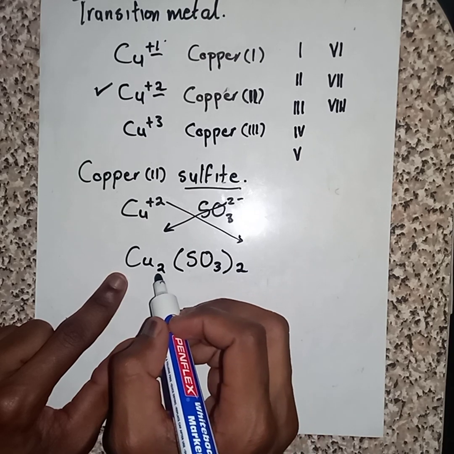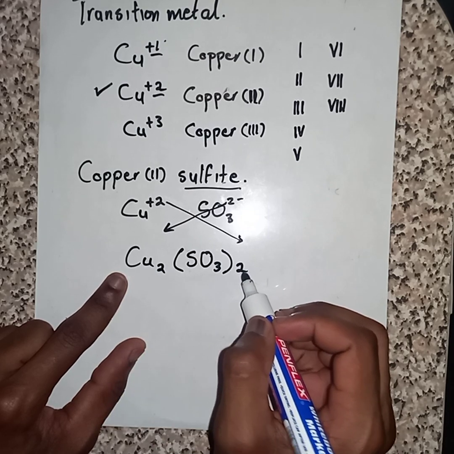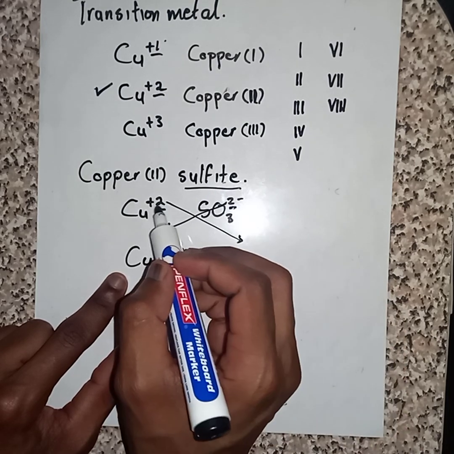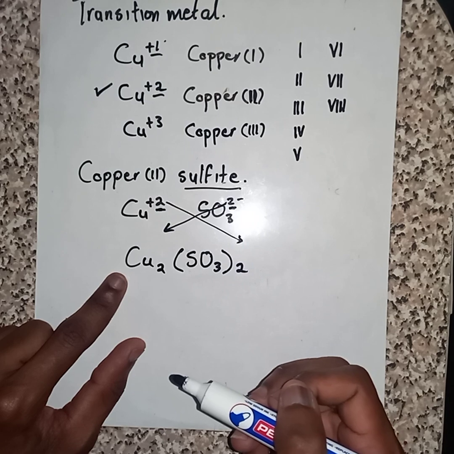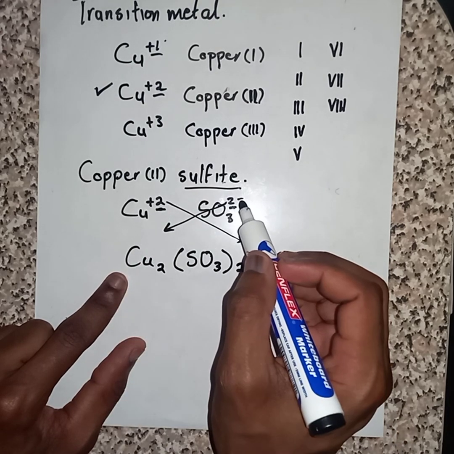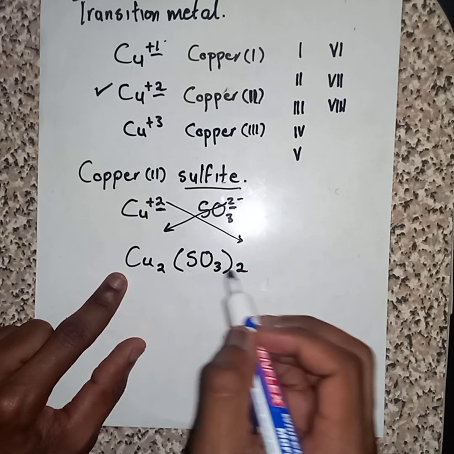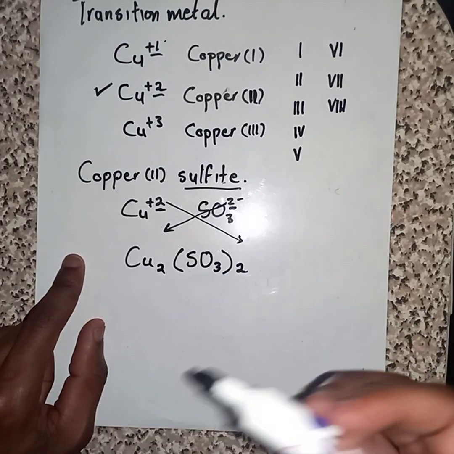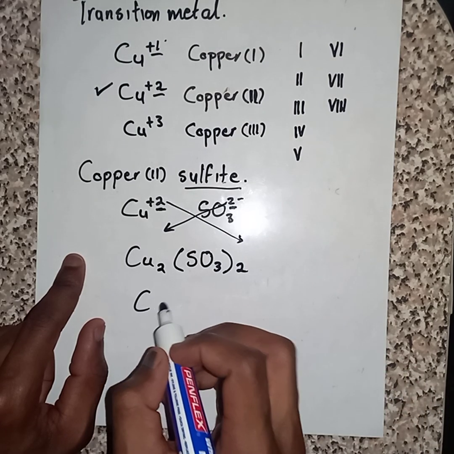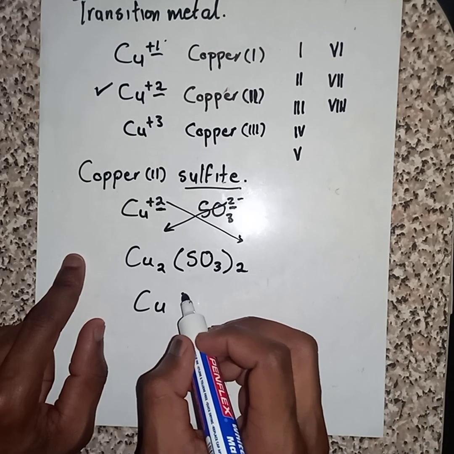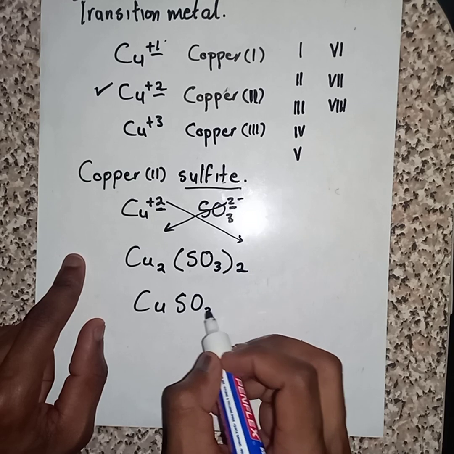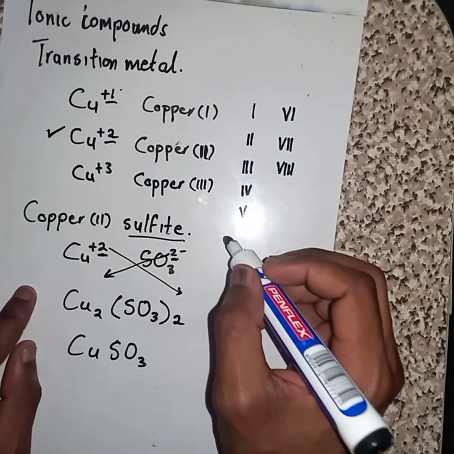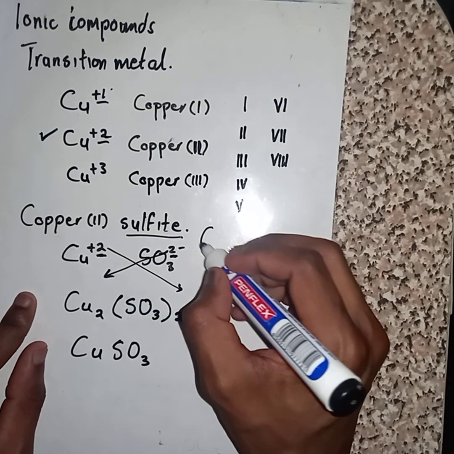It's like if I divide 2 by 2, I get 1. If you have the same numbers of ions, this side is +2, this side is -2, you normally do like this. Immediately after doing this, they will eventually cancel each other. Then it's going to be CuSO3.